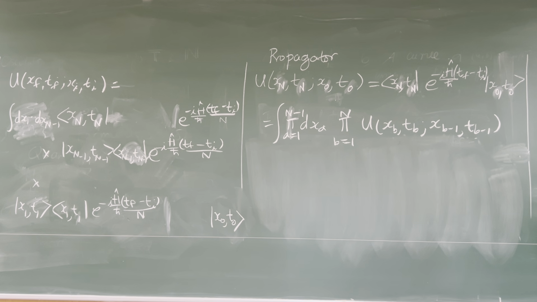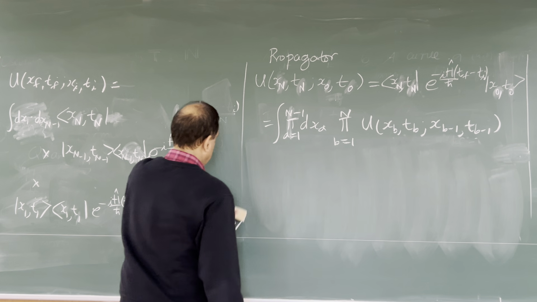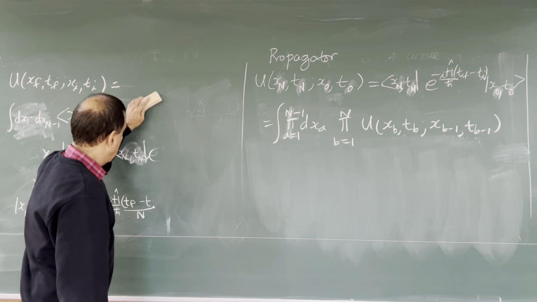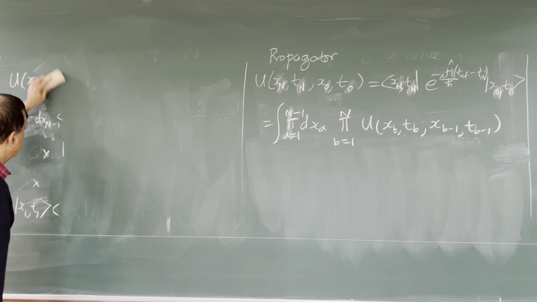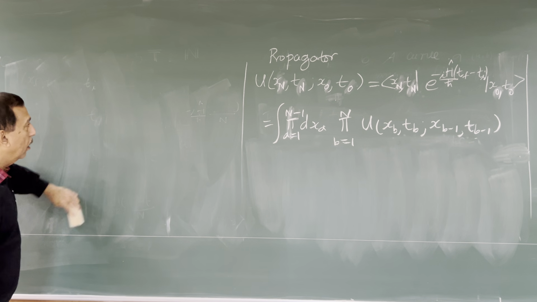Now we have generalized our original formula by including an arbitrary number of position eigenstates on the way. Before we do anything more, let's just make a picture of it, and let me just mention a little bit of the history.